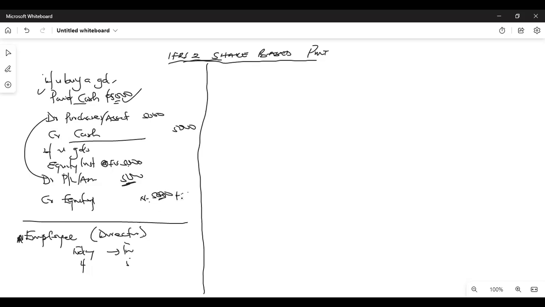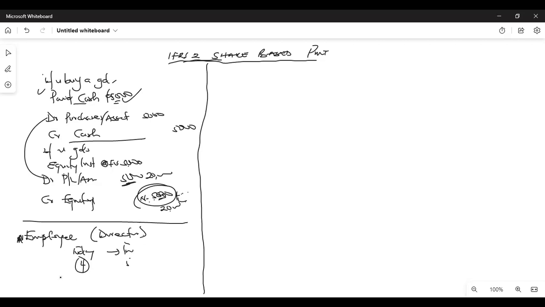What is the price of the equity share at the time we were doing the agreement? If it is 4, I'll multiply it by 4, is it 20,000? So the debit will be 20,000, the credit will be 20,000, assuming I've made this 5,000 a number of shares, not the value. All right, so that is what happens.